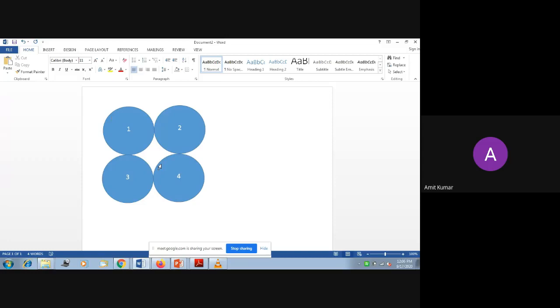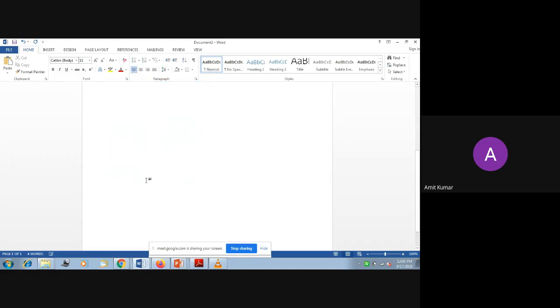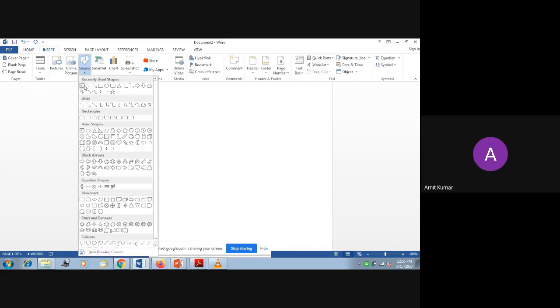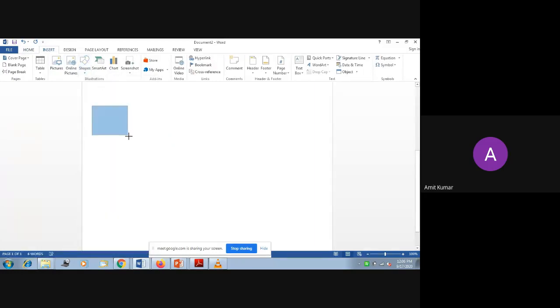So the circular shape does not give full coverage, so that is not the most suitable shape. Then the second shape you can select is the square. If you select the square, then you can cover the whole area. So if I place squares or rectangles, I will select square.